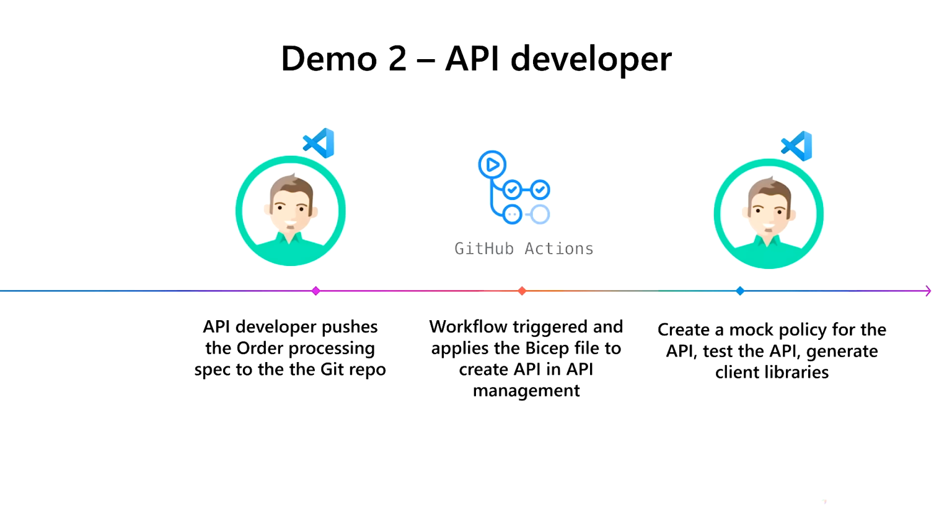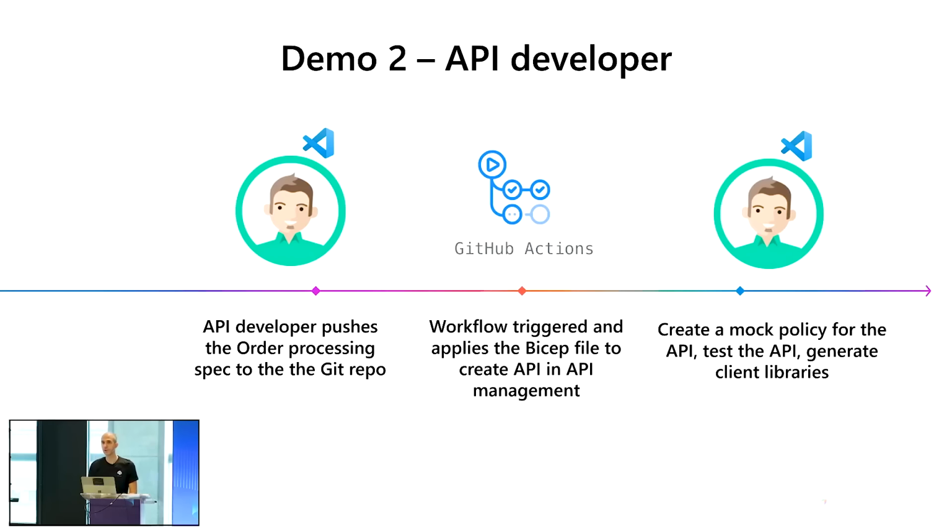And now let's imagine that I want to continue this process of using this API and developing the API. And I want to push this order processing API to a Git repository. We have been seeing this kind of pattern being applied by a lot of customers as well, having a Git repository as the source of truth that stores not only the source code for the application, but also the OpenAPI spec that the applications will use, right?